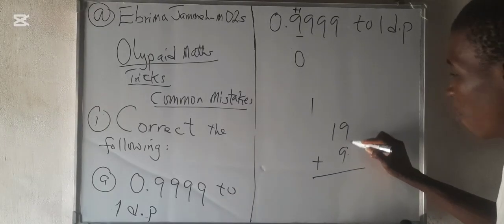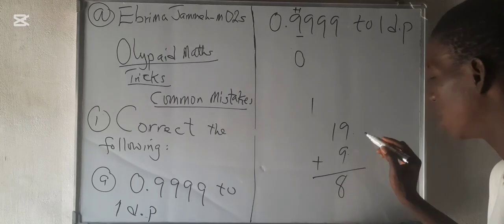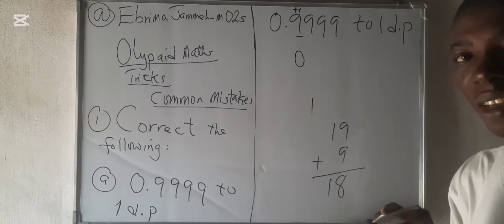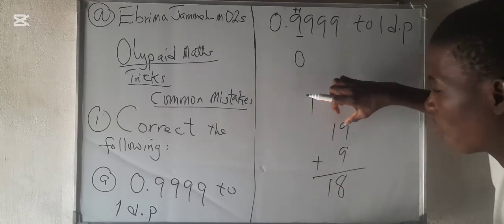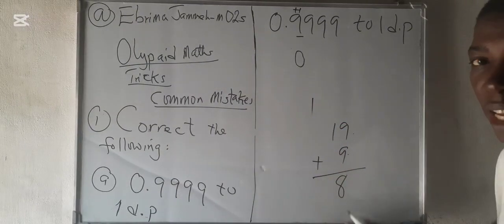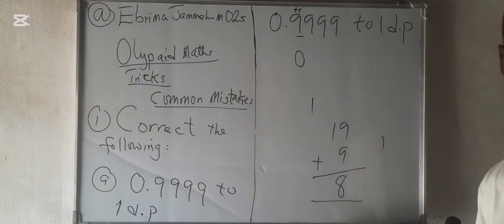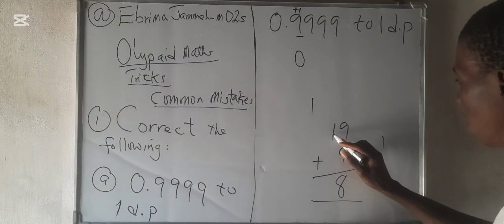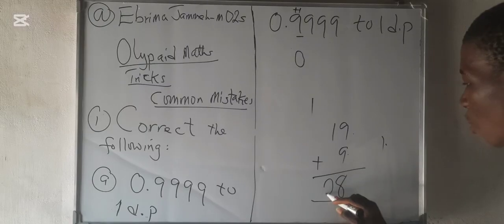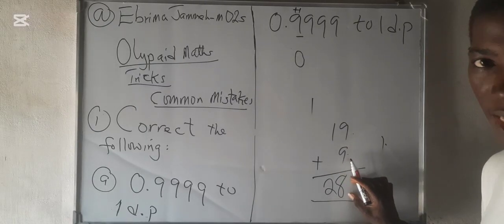You are going to say 9 plus 9 gives us 18. Why don't you write the whole 18 here? It's because there's a number in front of this 9, which is 1. So you say 8 carry 1. Then this 1 plus this 1 gives us 2. So 19 plus 9 gives us 28.